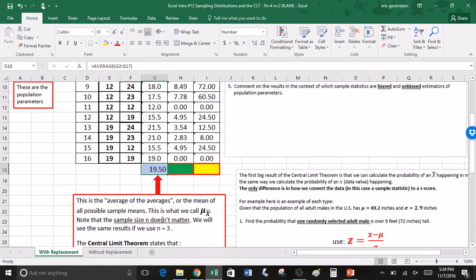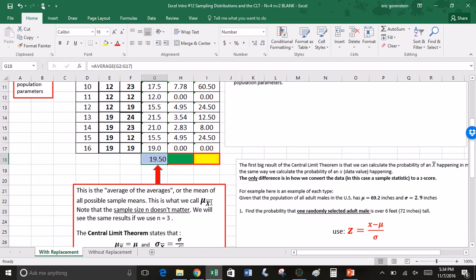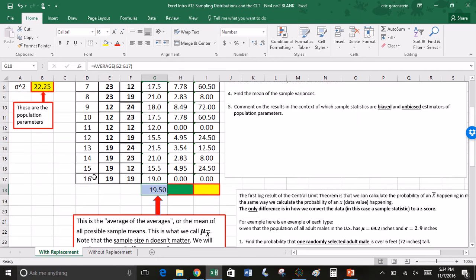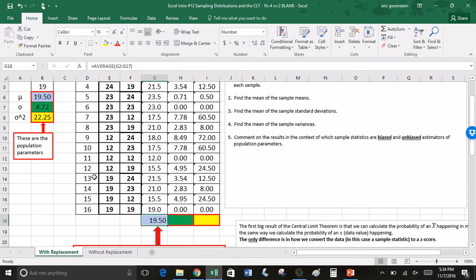This is mu sub x bar, the average of the averages. So we say the sample mean is unbiased because the sample means target the population mean. So if I get rid of some of those sample means, we're close to the population mean. The more sample means you have, the closer you should be to the population mean.